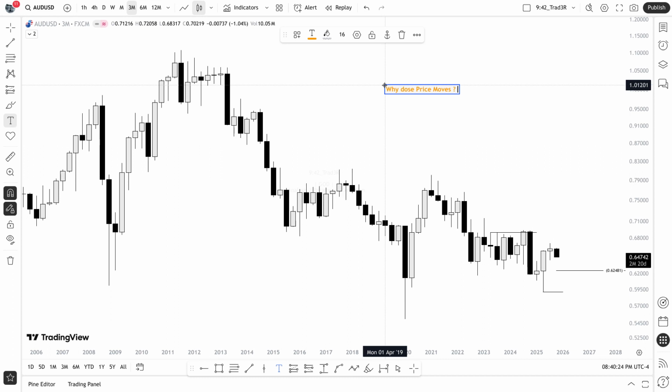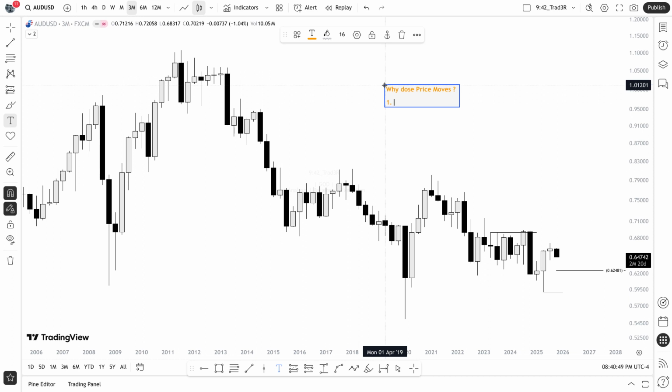Reason number one: price moves in the market, when you see the price move up and down, because it wants to take out liquidity above old highs and below old lows.